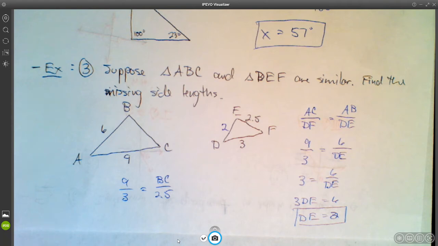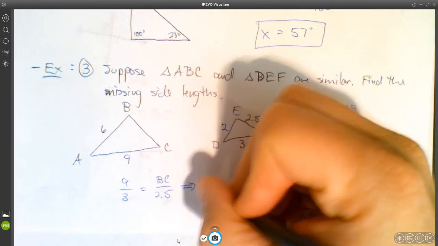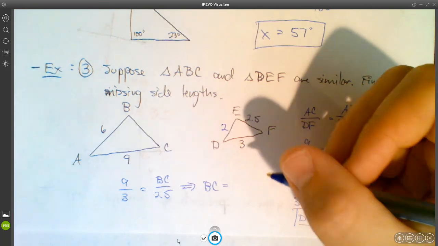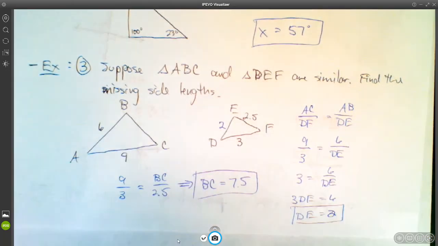Is that right? 3 times 2.5, 7.5. I overshot a little. Anyway, so BC would be 7.5. Okay, anyway, that's the idea there.